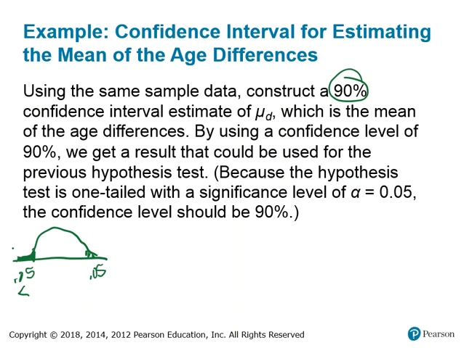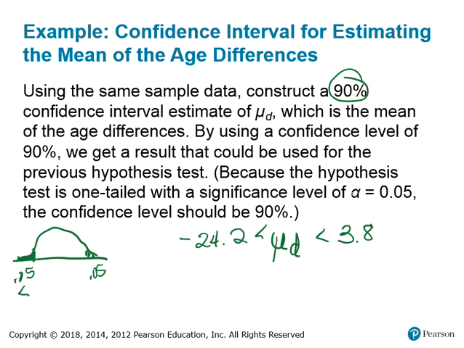When I do that, I got a confidence interval of negative 24.2 is less than the difference, which is less than 3.8. So notice that 0 is in there, and so there definitely could be no difference between the groups.